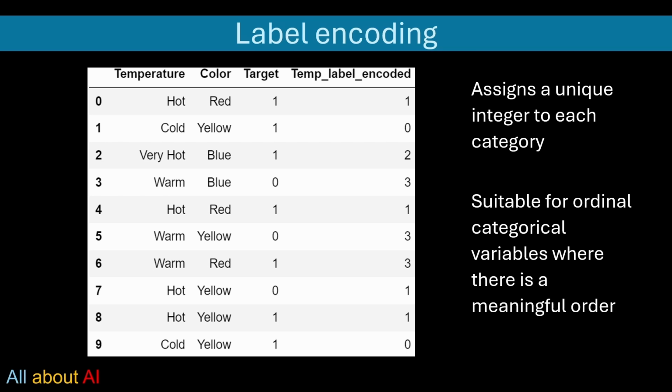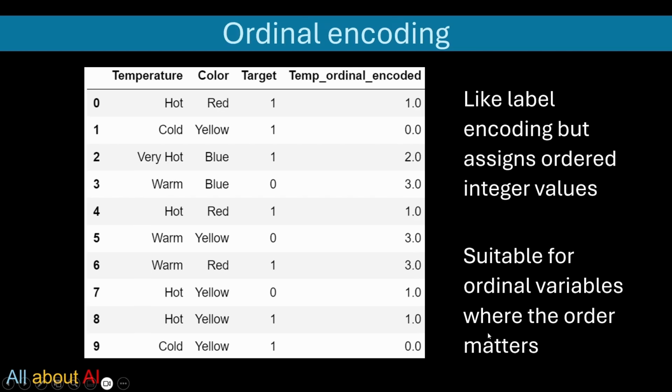So we can use that to do label encoding. Then we have ordinal encoding. Like label encoding, it's also particularly meant for ordinal variables, and it assigns integer values. So this is used where order is very important.